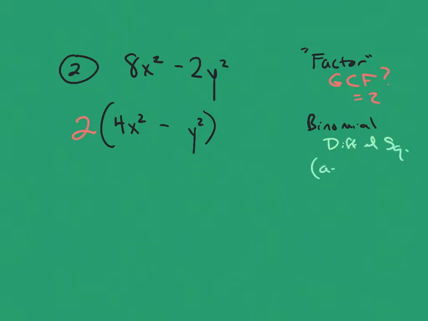So again, a minus b, a plus b. A is going to be the square root of the first term. Square root of 4 is 2. Square root of x squared is x. And then b is going to be the square root of the second term. Square root of y squared is just y.